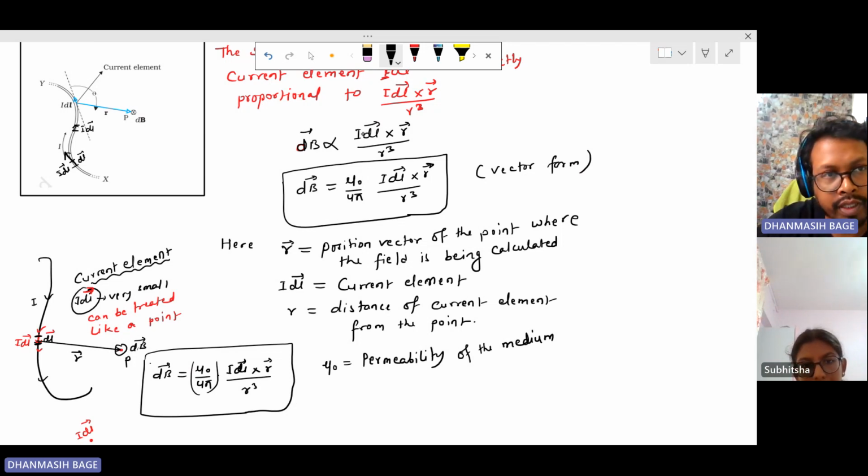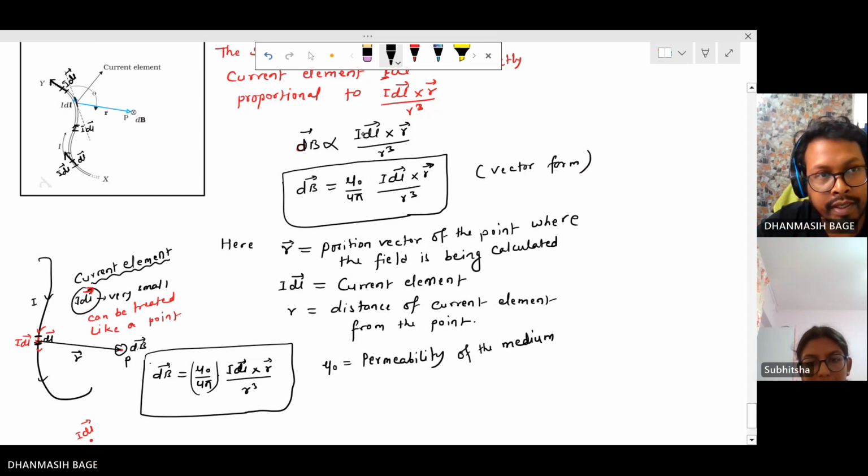It's very simple. We are just cutting out a small piece. Here, the current element will be in this direction, something like this, right? At every point, the dl vector is different because the direction of the current will be different. See that here it is given in this direction.